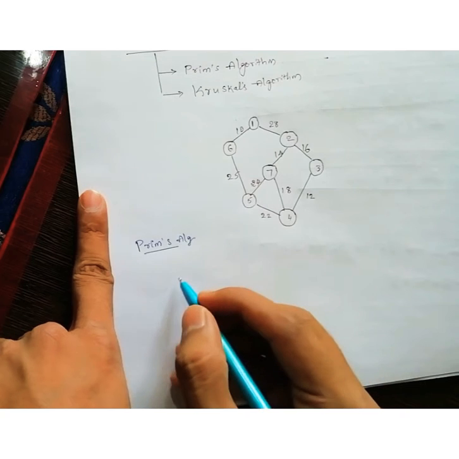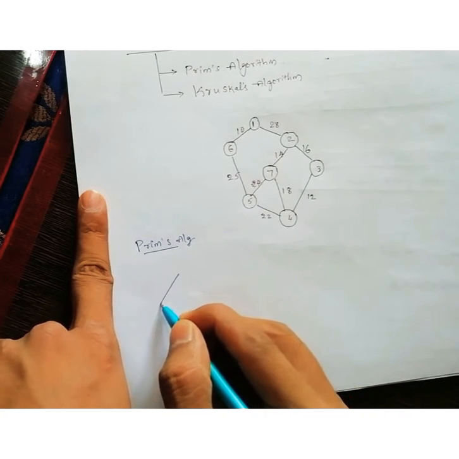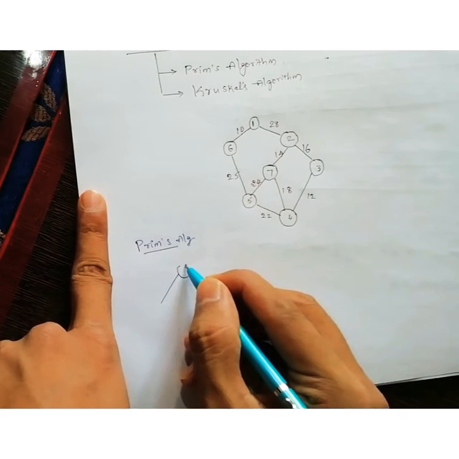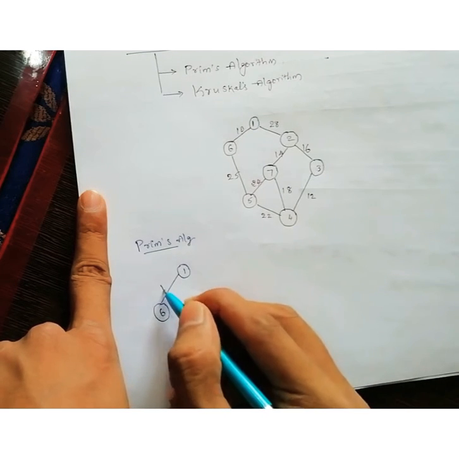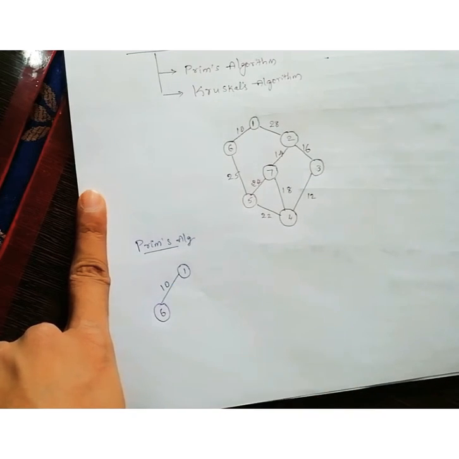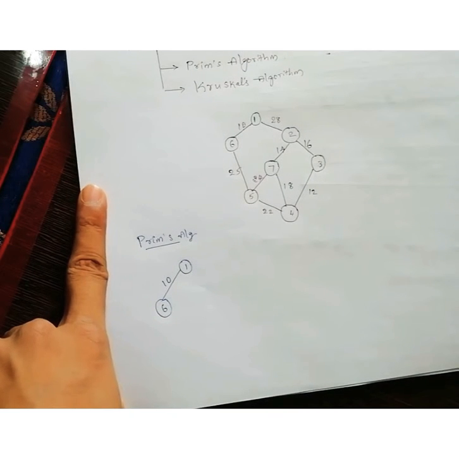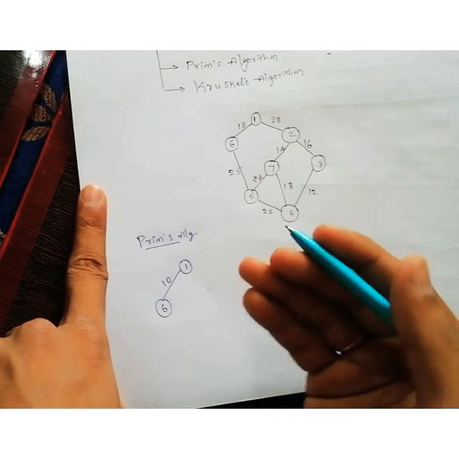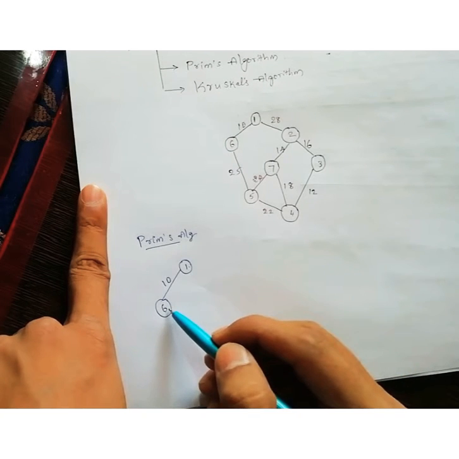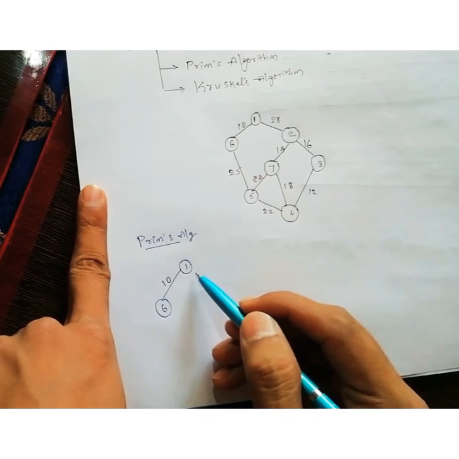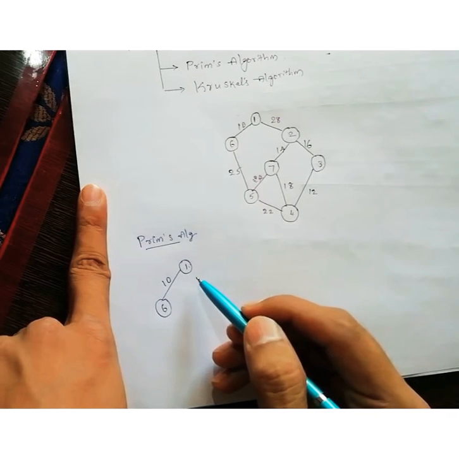So how to do that? What are the connected vertices here? 1 and 6. So what is the cost of this edge? 10. So I considered it. In the next step, just see the outgoing edges of these vertices, and whichever is the least you have to consider.